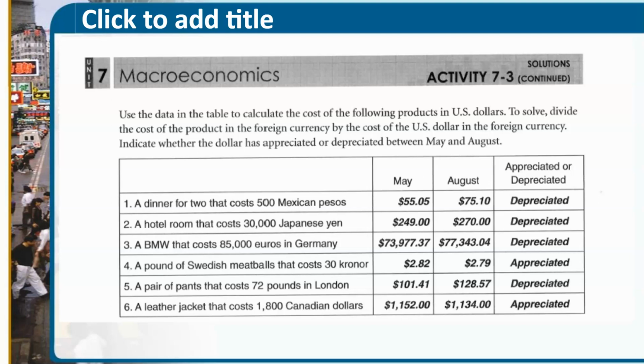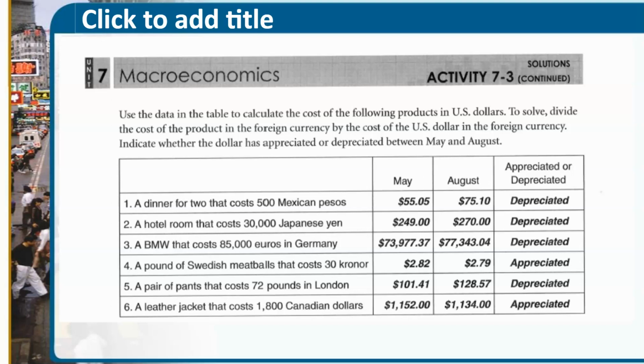A hotel room that cost 30,000 Japanese yen, and in May it was $249, now is $270. We can see that has also depreciated. You need more of it in terms of the dollars demanded. So in terms of that relationship, it is depreciating because you need more of them as a result of the currency relationship here.